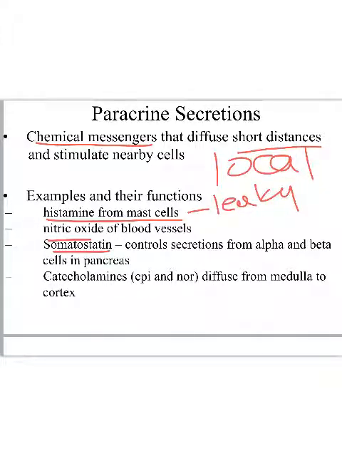Somatostatin controls alpha and beta cells. And catecholamines like epinephrine and norepinephrine diffuse, they move from the medulla to the cortex. So the idea is we're not dumping things into the blood, they're diffusing through the tissue, and they're regulating other cells. I just want you to know the basics for that.